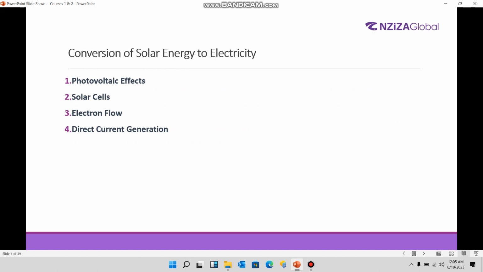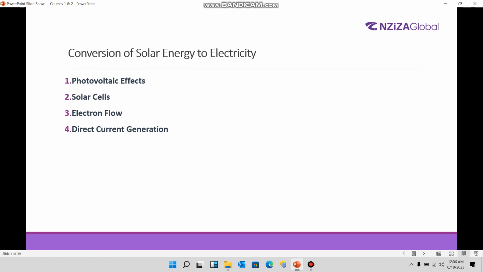The conversion of solar energy to electricity takes place in a few steps. Number one is the photovoltaic effect. Number two is the solar cells and electron flow, and direct current generation.